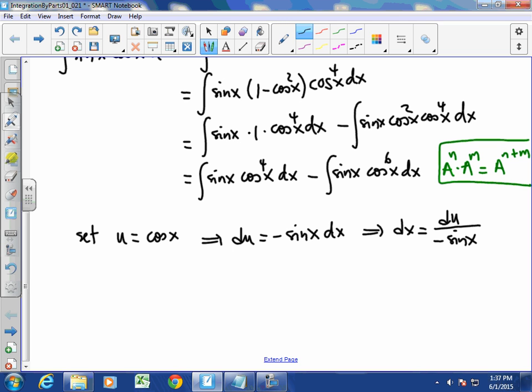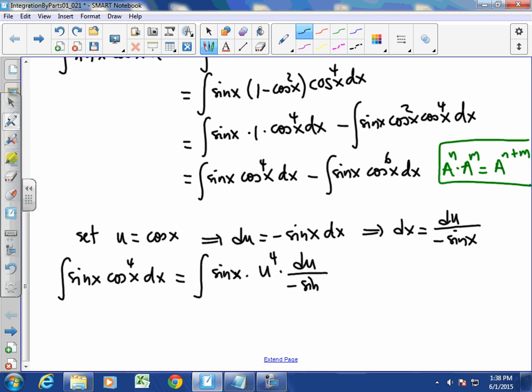Using that in the first integral, integral sine x cosine to the fourth x dx is going to be, we have sine x times cosine x, we set it to be u, so u to the 4th times dx, which is du divided by negative sine x. So you can put it in parentheses.